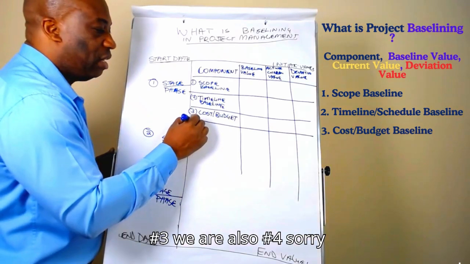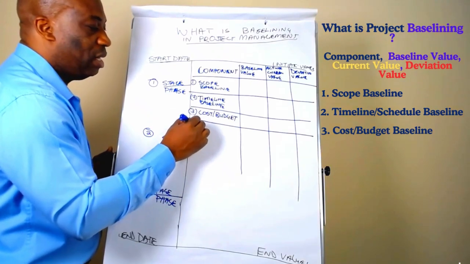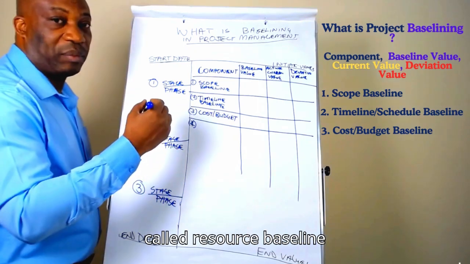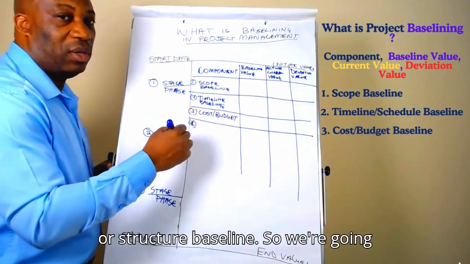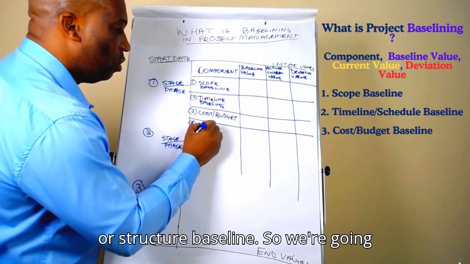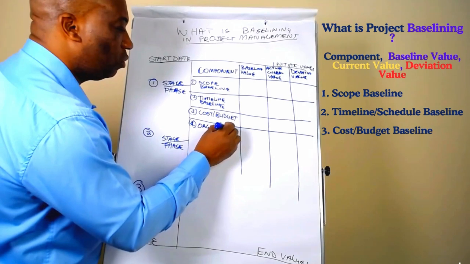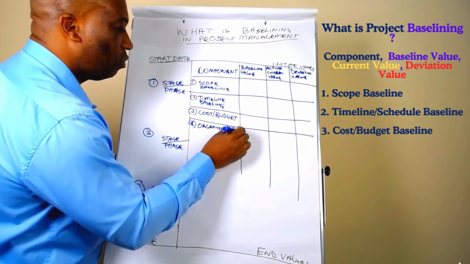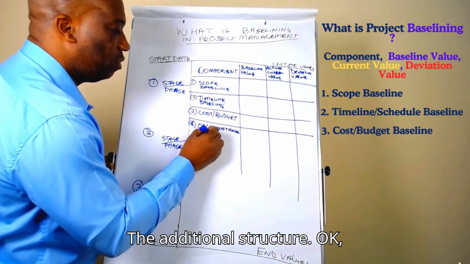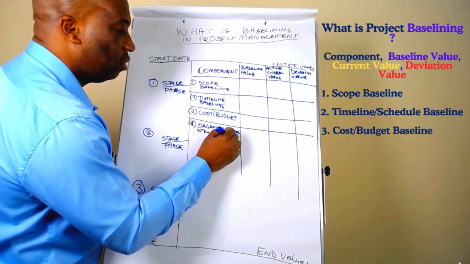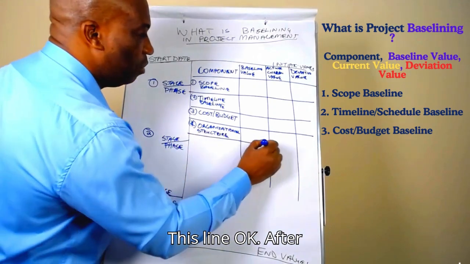Then number four, we're going to look at what is called the resource baseline or structure baseline. So we are going to say organizational structure baseline.